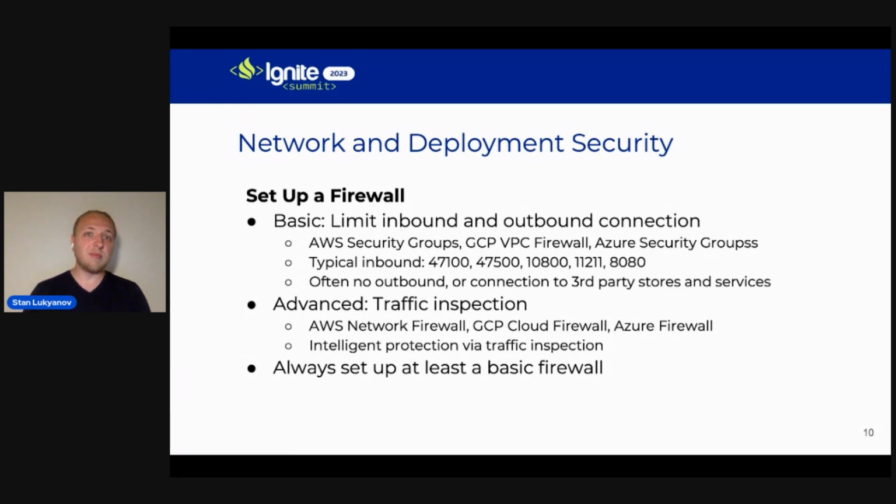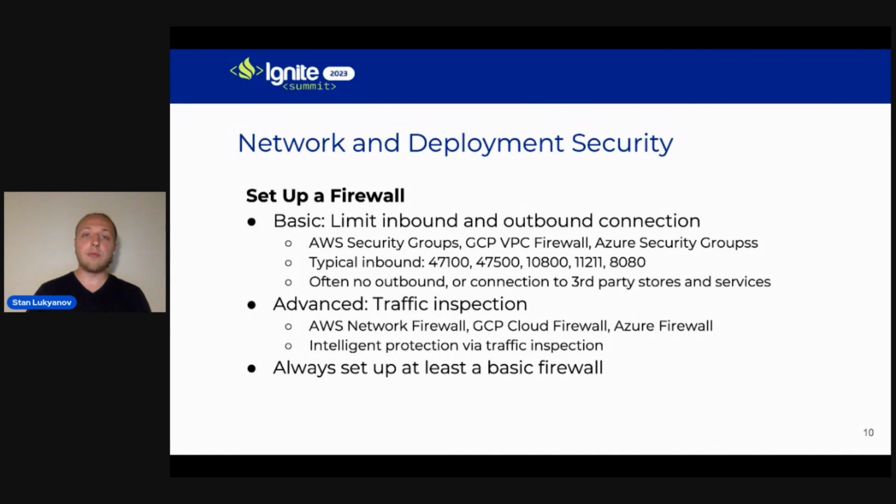There is a limited set of ports that Ignite usually listens to, which you normally set up as an inbound allow list, and outbound connections for Ignite. Many Ignite installations don't even have outbound connections. Some will have them to a third-party persistent storage and things like that.